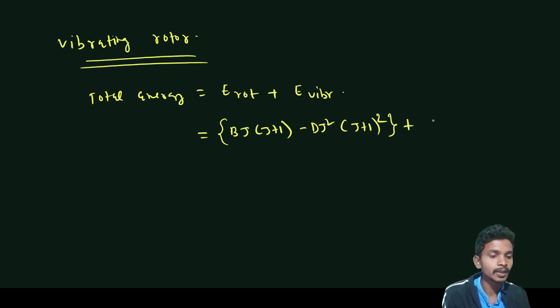After that, the vibrational part is (v plus half) omega minus (v plus half) squared omega xe.